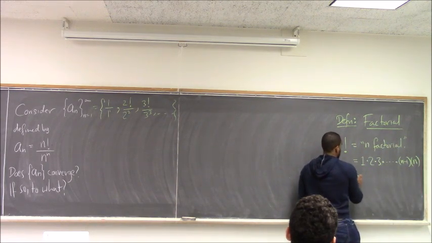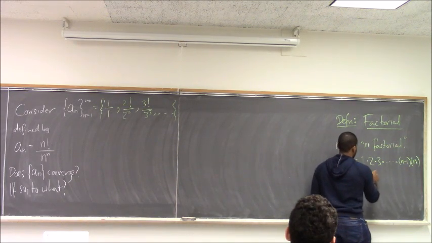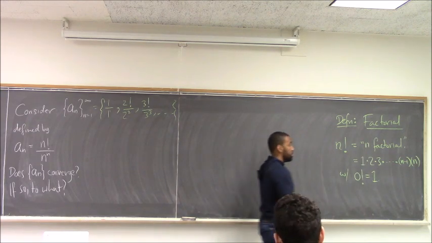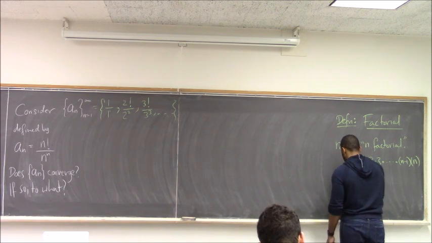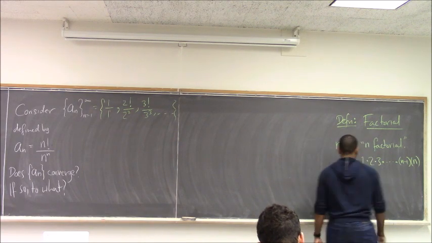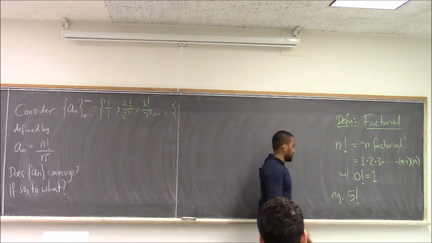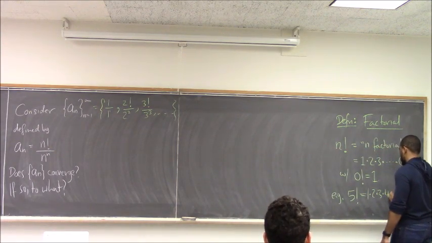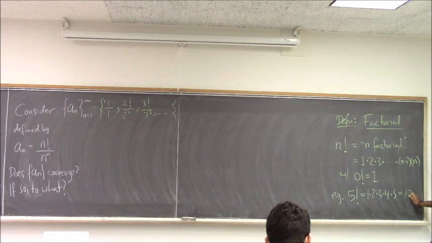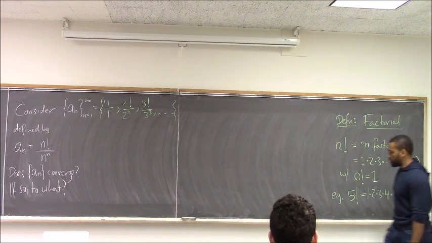With 0 factorial being considered as 1 by convention. So, for example, if I write down 5 factorial, what that means is I'm taking 1 times 2 times 3 times 4 times 5, which will get 120. So that's just another way of writing 120. So that's 5 factorial.